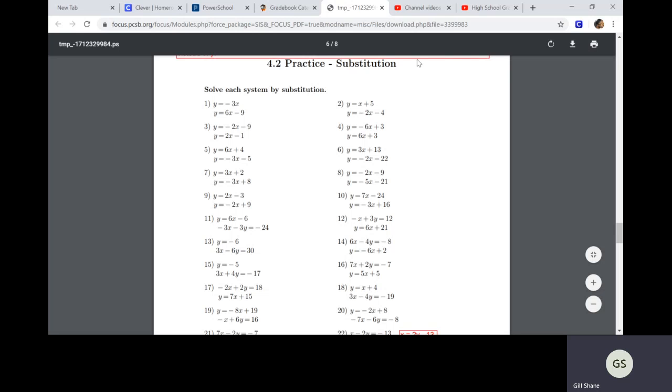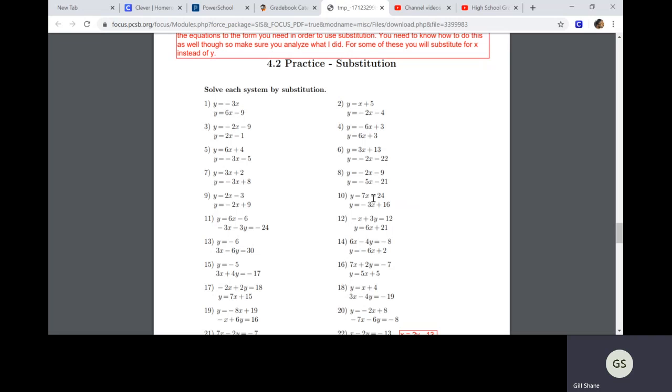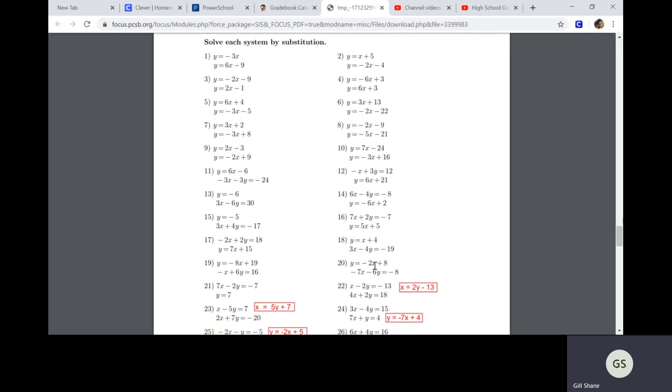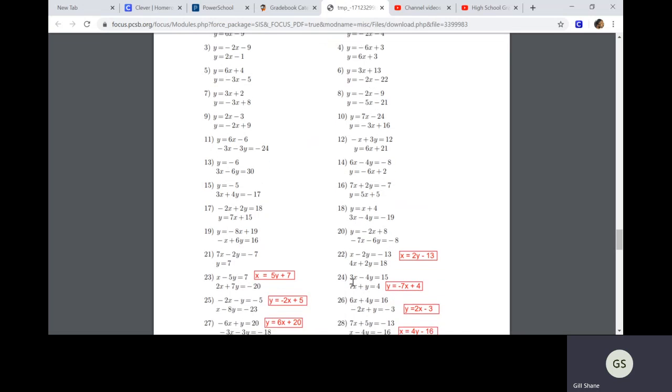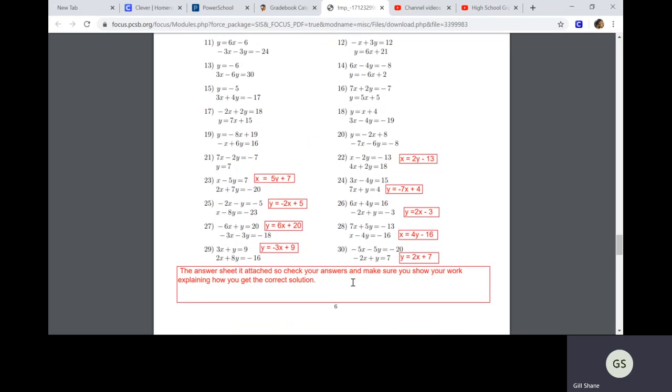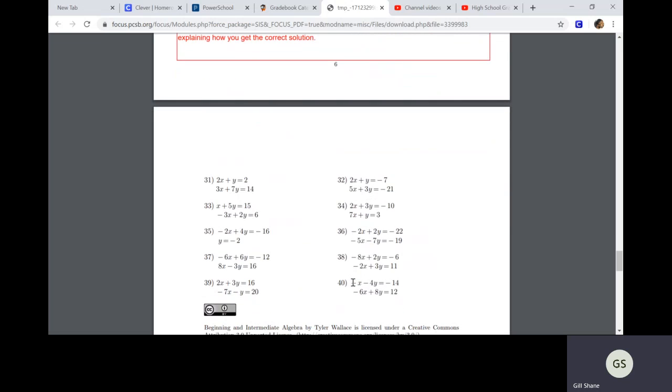I'm telling you the ones that I think are easy, number 1, number 2. I mean, all of these first 10 really you should be able to do. The videos that I've done are pretty similar to these problems. But 1 and 2 are definitely easy. 13 is easy. 15 is really easy. 21 is easy. And then I think on the last page, 35 is really easy.